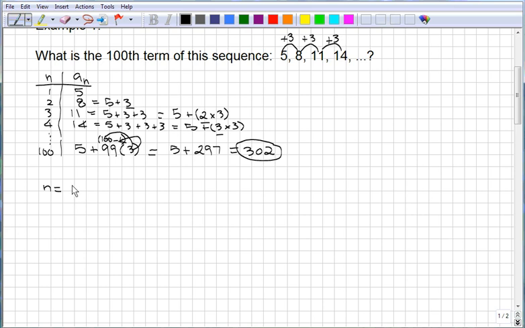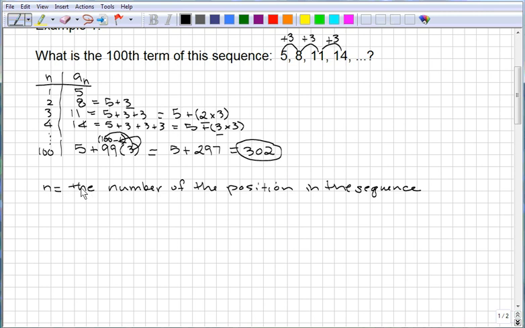It's the number of the position in the sequence. So n equals 1 is the first term.